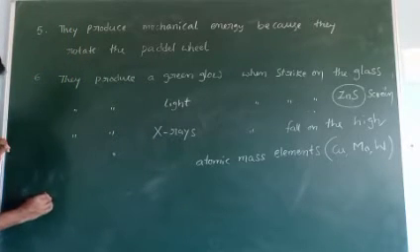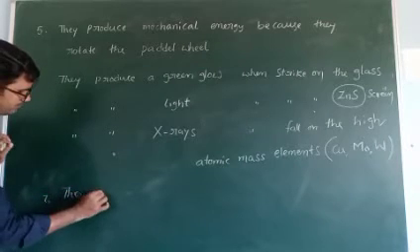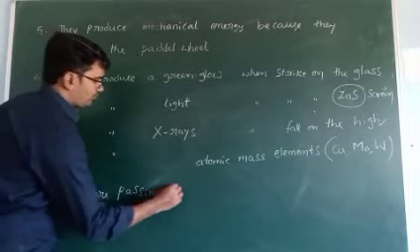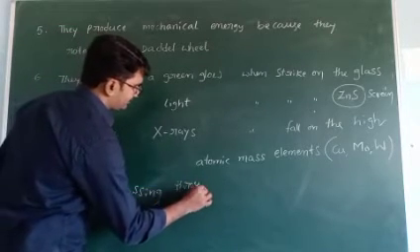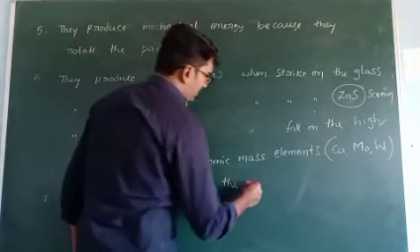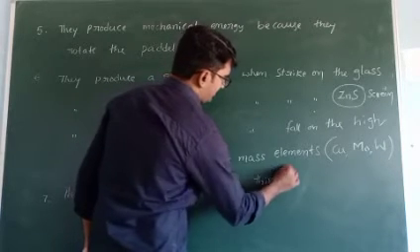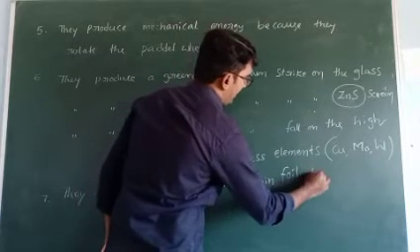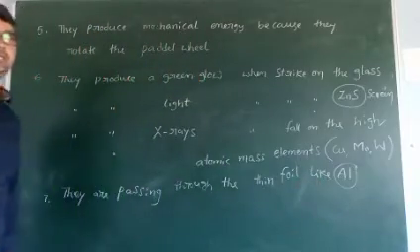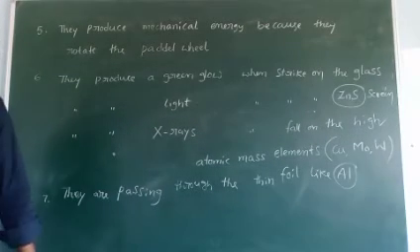Simply, seventh point: they are passing through thin foils like aluminum, because these have very small atomic masses, and through such metals the electron easily passes.